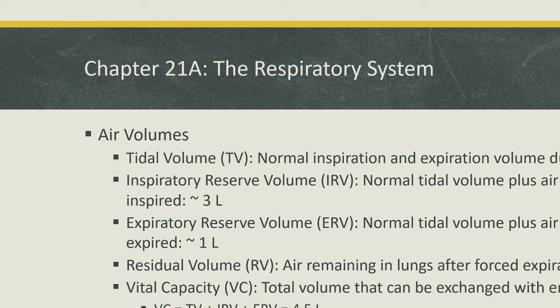But then when you include the 1 liter that we can't get rid of, you get a total of about 5.5 liters. And maybe you've gotten a sense of this inspiratory reserve if you've ever been sick with a chest cold, and when you're getting better you get to the point where it doesn't hurt anymore to inhale or exhale, and then you do some exercising that involves a little bit deeper breathing, and suddenly you're coughing up mucus that you weren't before, or you have pain in your chest that you didn't have before.